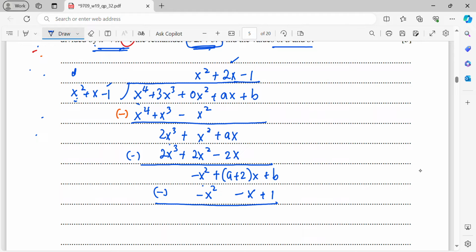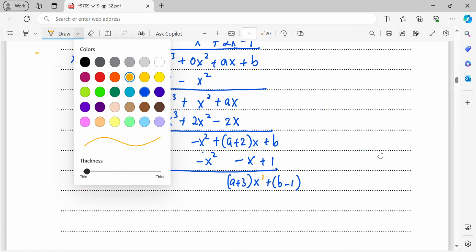Second term, a plus 2 minus 1, that means (a + 3)x. Then b minus 1 is the constant. Now when you look at here, the degree of the divisor is 2, the highest degree, but right now I'm getting x to the degree 1. That means I can stop the polynomial division.